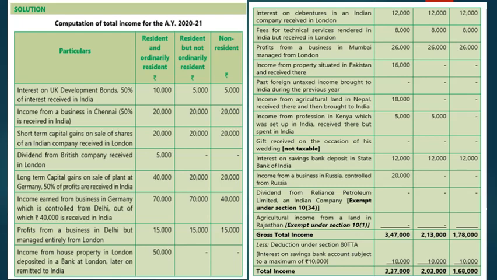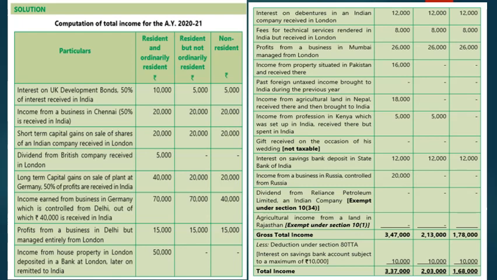Here the business is controlled from India, so the full amount is taxable to the ordinary resident and not ordinarily resident, and for the non-resident, only the amount received in India is taxable. Profits from a business in Delhi but managed entirely from London, because the business is in Delhi.